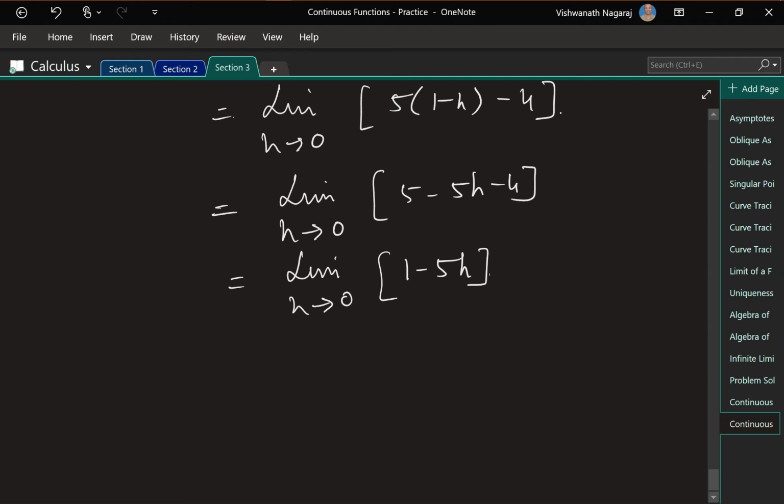And now when we take the limit, it is equal to 1.